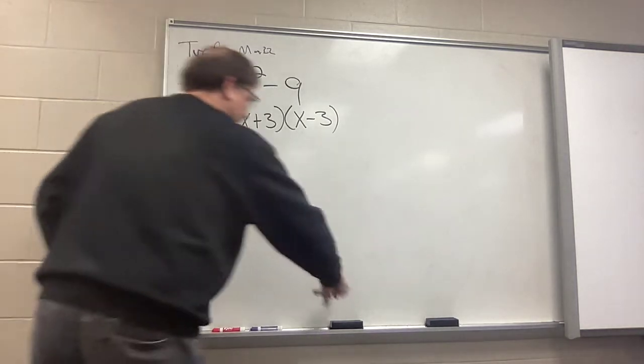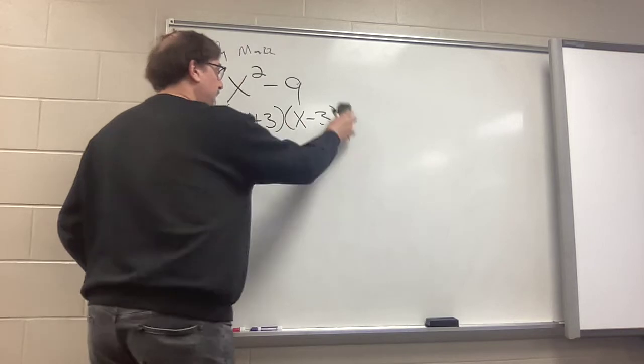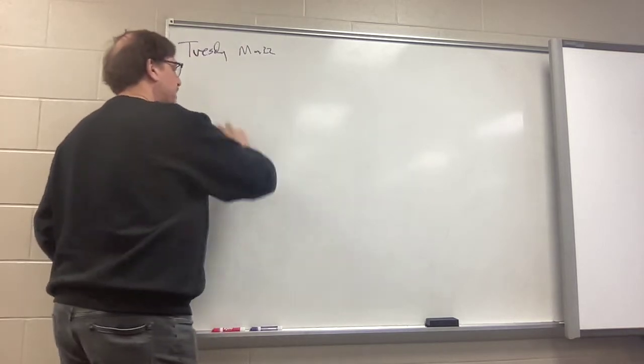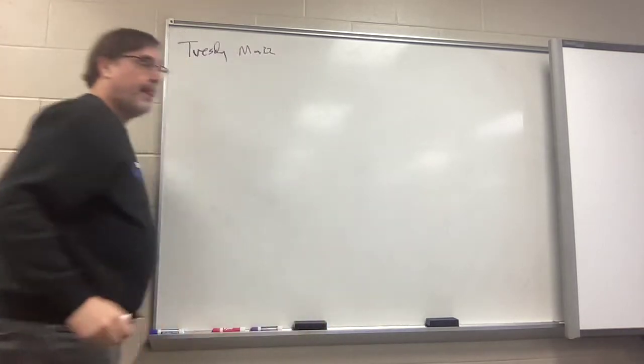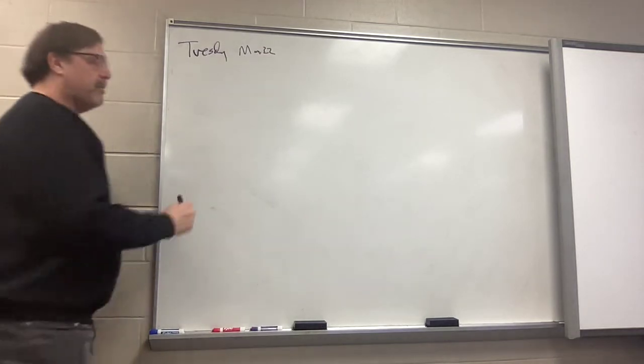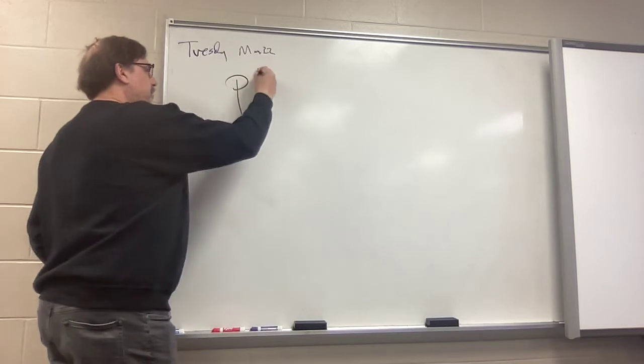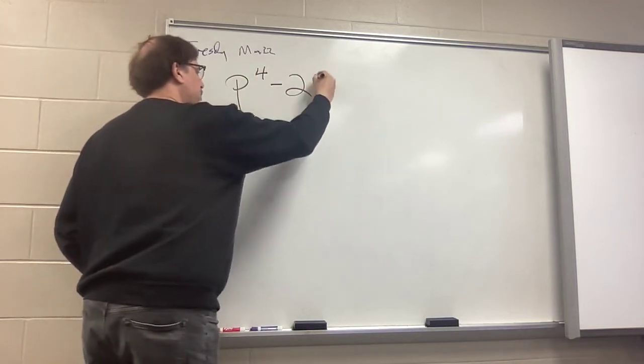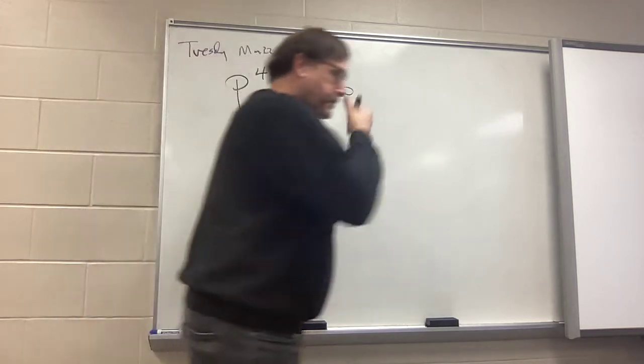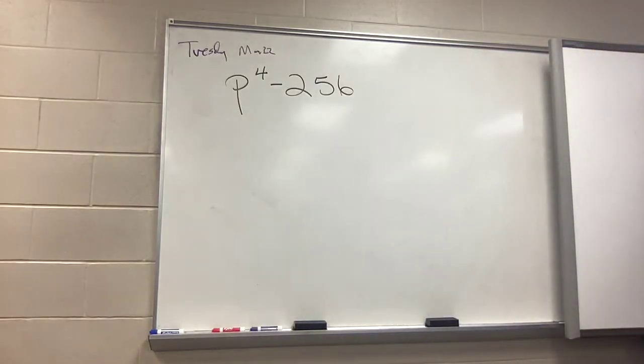So I want to look at a question, and I want you to have your calculators handy too. And I'm going to write down this problem. P to the fourth minus 256. And most of you were not remaining standing when we were doing our squares yesterday, when you got about 169, 196.